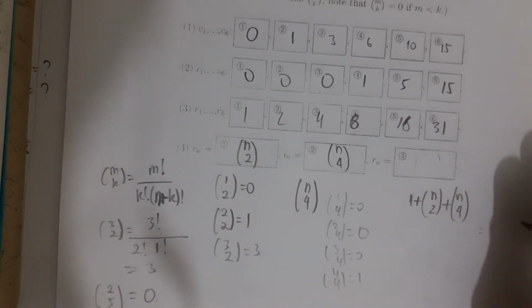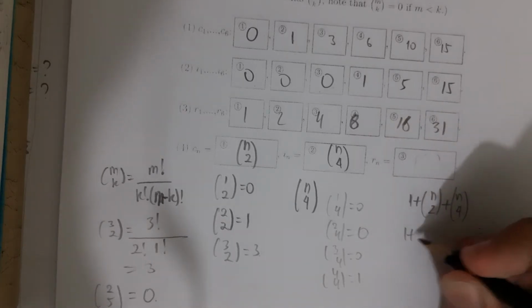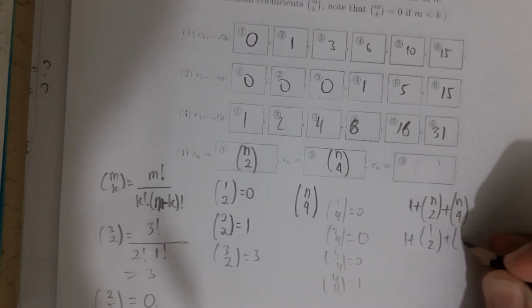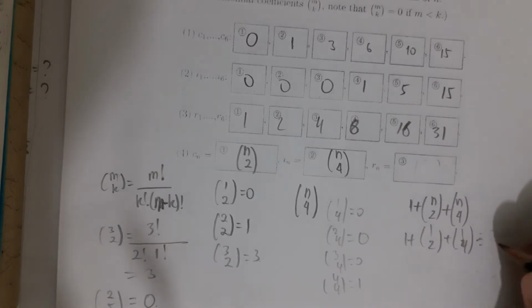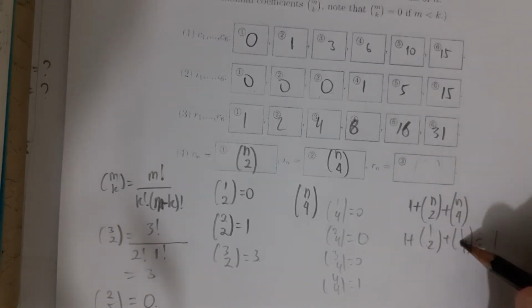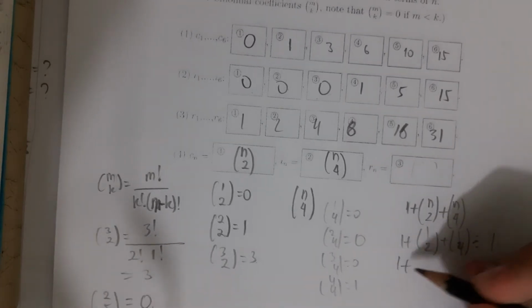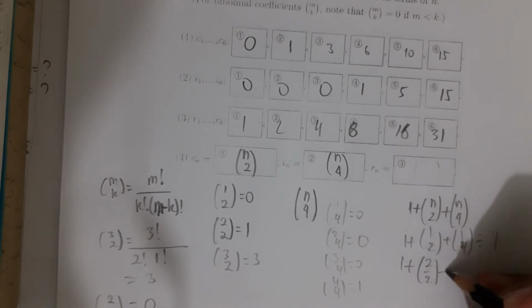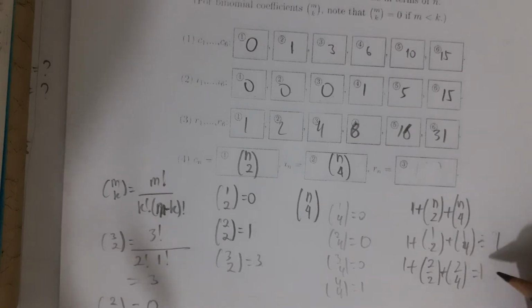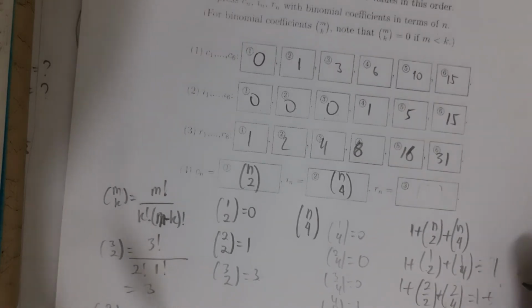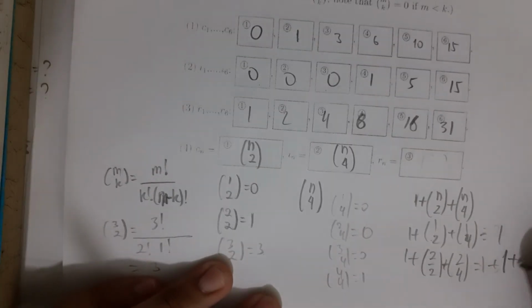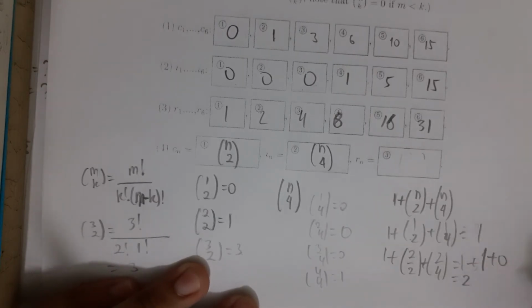So we're going to prove it. If we take the first point, this is equal to 1 because this is 0 and this is 0. And for the second point, this is 1 and this is the same, it is 1, and this is 0. So this is equal to 2.